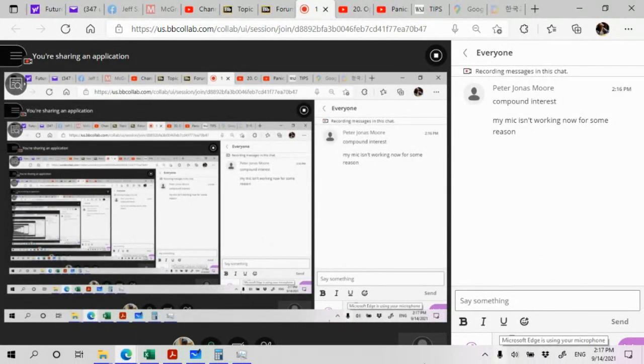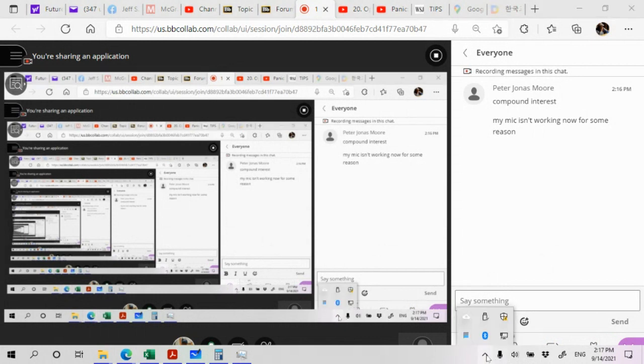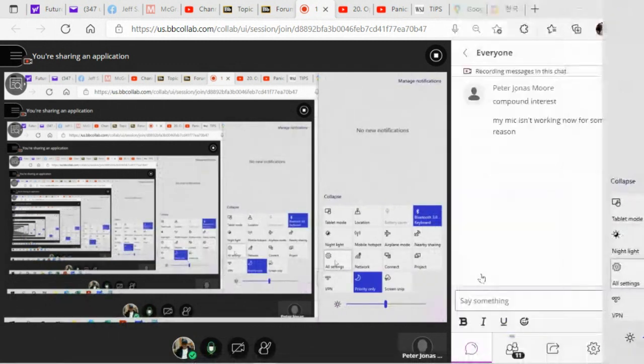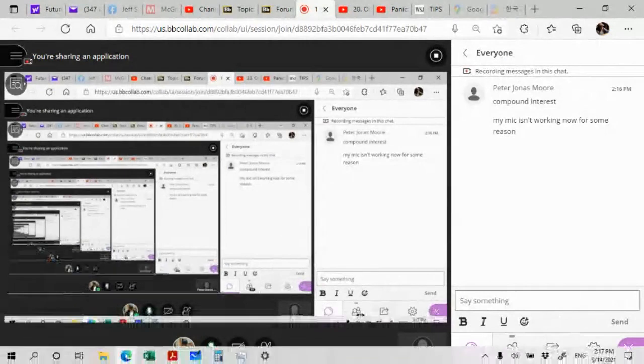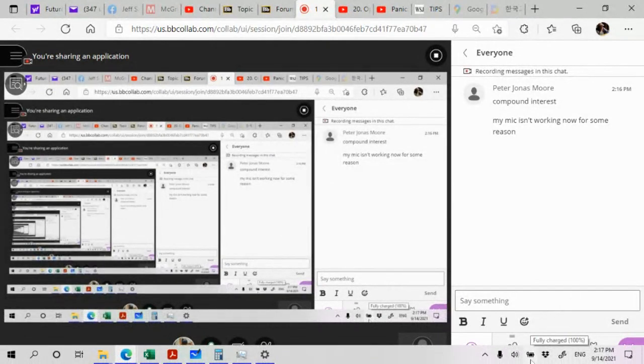Down here, you can see the taskbar, and in the taskbar you will be able to see the microphone icon, or otherwise you can pull up the menu box, or get to that through your control console. So check your microphone setting.